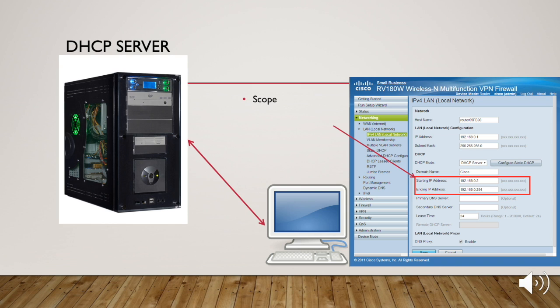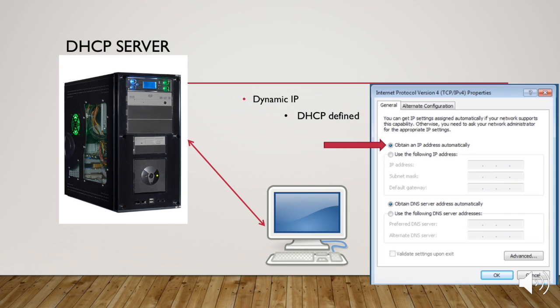This means that the network is capable of issuing 253 IP addresses. For our example, the IP address that the DHCP issued to our client is 192.168.0.15. Now the client is connected to the network.